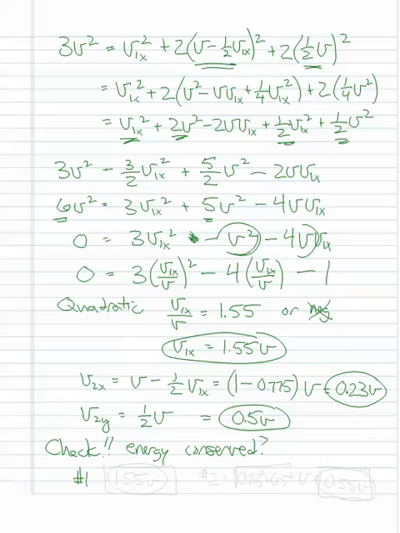So ball 1 has a speed of 1.55 times the original velocity, and ball number 2 has a speed of the square root of 0.23 squared plus 0.5 squared times velocity, or 0.55 v. And those are the answers. Fun problem.